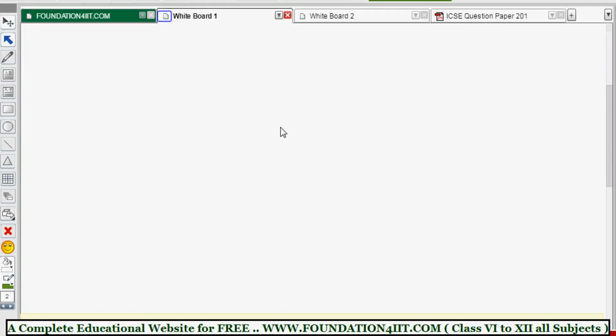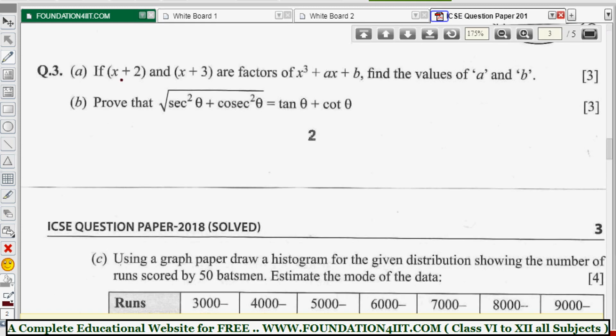Okay, let us take f of x, the value which is given. F of x is given x cube plus ax plus b, right? And x plus 2 and x plus 3 are the factors.